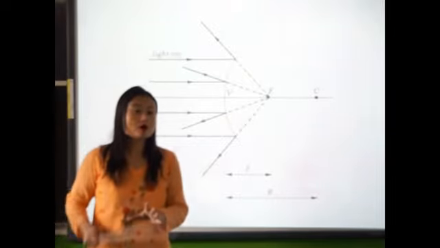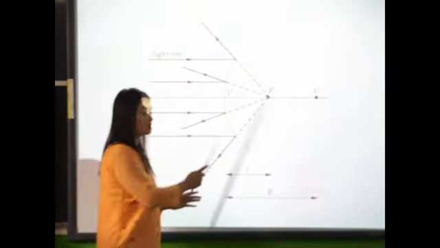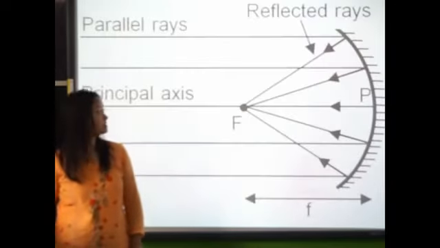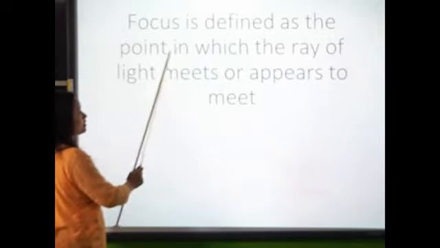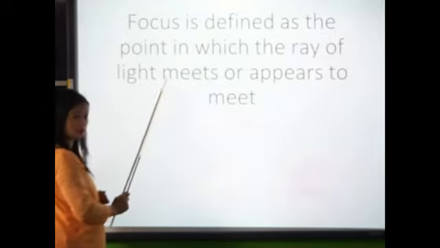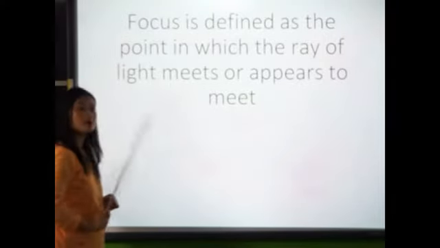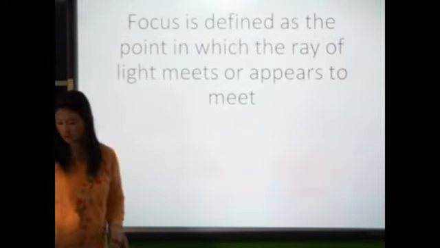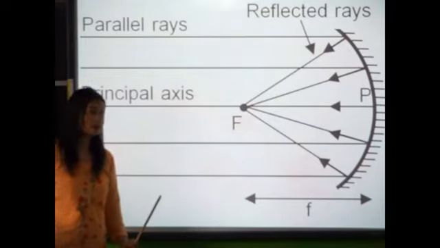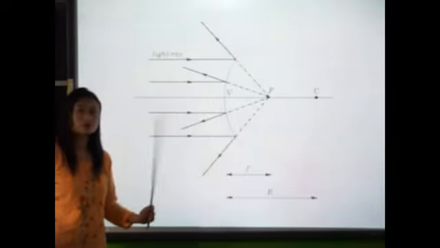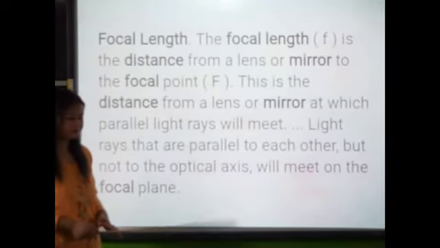That means they appear to meet when produced backwards. This is why focus is defined as the point in which the reflected rays meet or appear to meet. In a concave mirror they actually meet, and in a convex mirror they do not meet, but meet when produced backwards.